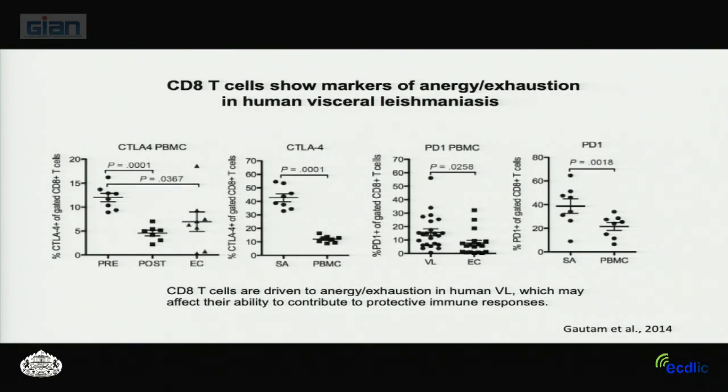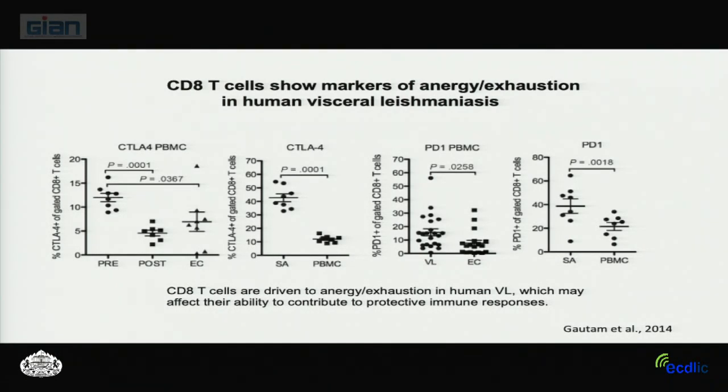So there's elevated CTLA-4 levels in the PBMCs and CD8 cells in these patients, pre as opposed to post, and compared to endemic controls. That's the percent.